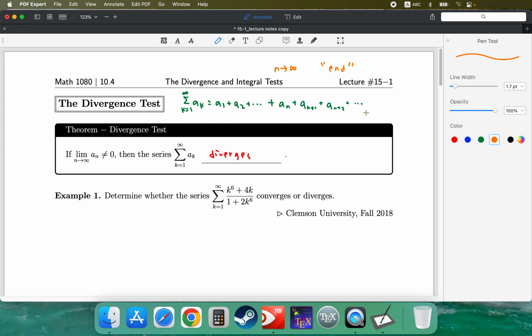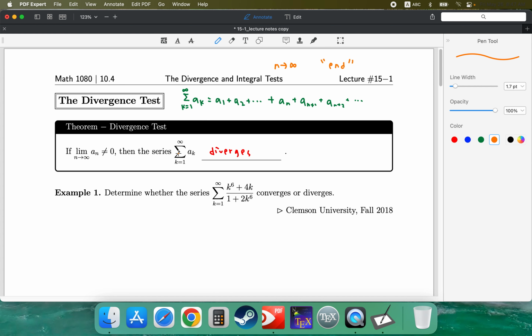Eventually it will explode. You still have a very large number because you're adding infinitely many of these things. That's why if the limit of the nth term as n goes to infinity is not zero, then the series will diverge. This is what we call the divergence test.